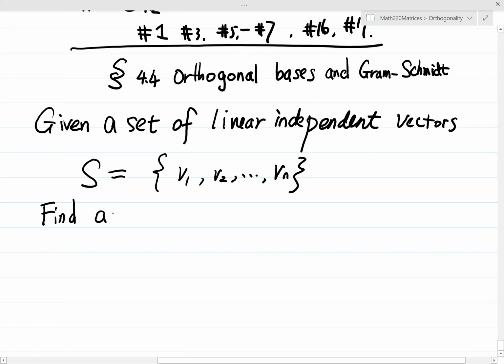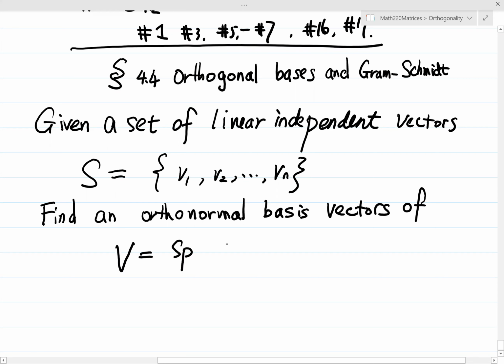First, the vectors are perpendicular to each other, and second, they are unit vectors. Of the space V, which is the span of S. Okay, so this is called the Gram-Schmidt method.